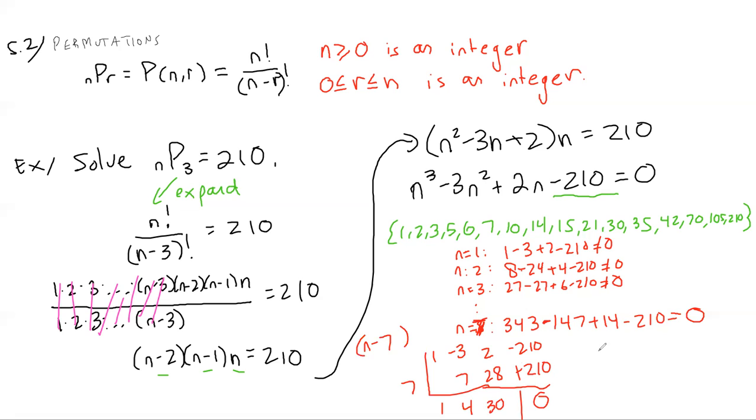And so what we have is n minus 7 times n squared plus 4n plus 30. I'm pretty sure you'll find that that doesn't factor if you try the quadratic formula. So our only solution here is going to be n equals 7. I should say more than doesn't factor: it doesn't have solutions specifically.